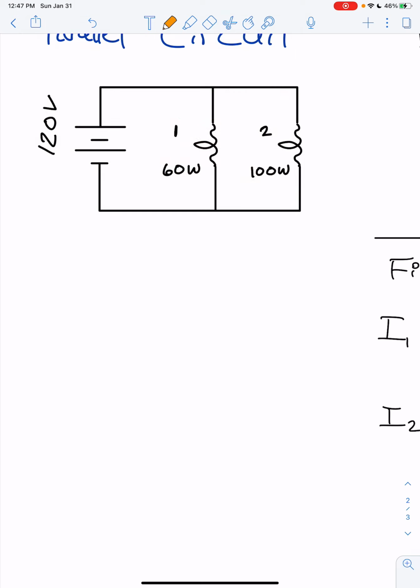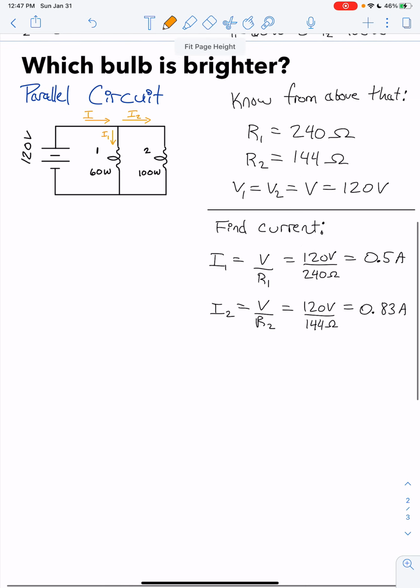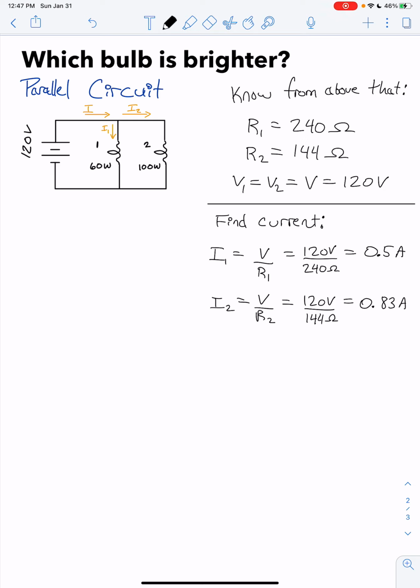Okay, now we know that this I1 that we calculated is the current that flows like this, and then we're going to have some current I2 here, and we're going to have some current I1 here. And so the total current in the circuit is going to have to be equal to I1 plus I2.